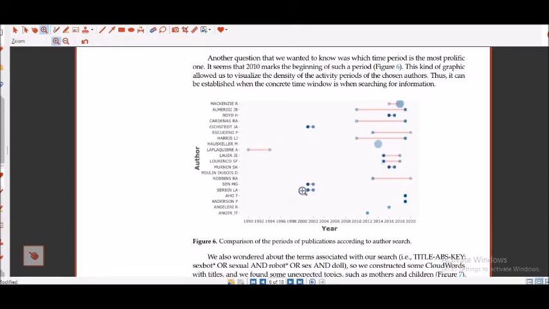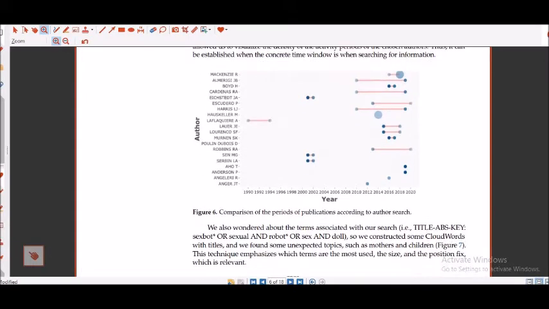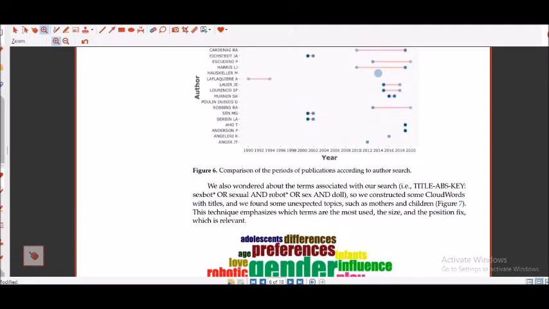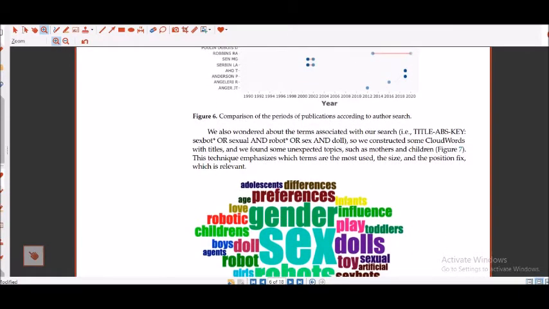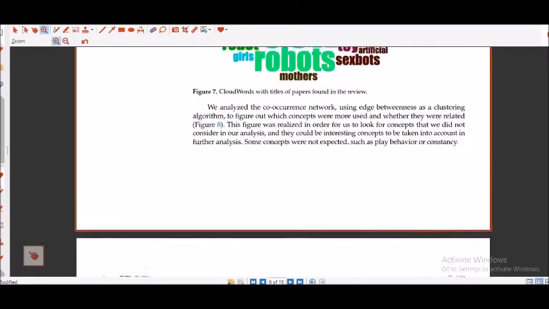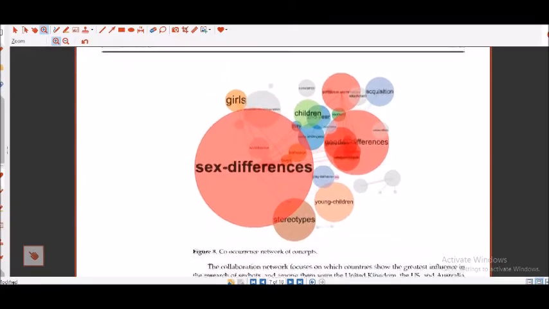So you have the graphs, and how well the clustering is done is showcased to you in WOS. If you are able to understand and write these things, you can go ahead. And this is the word cloud, which is available there as well.